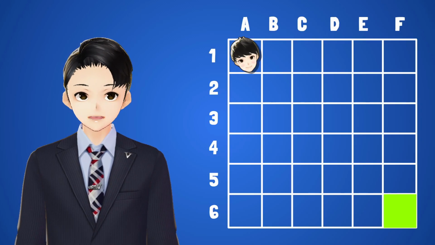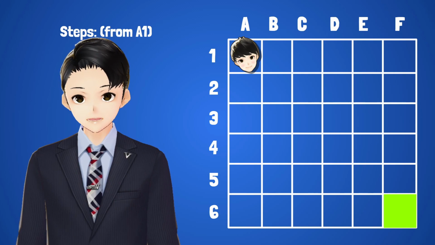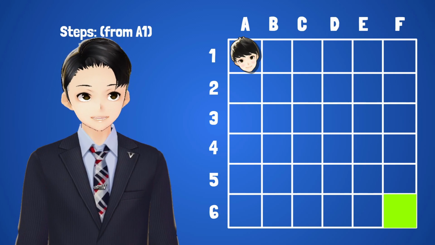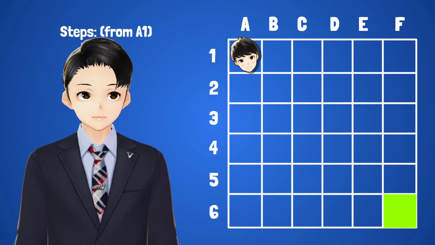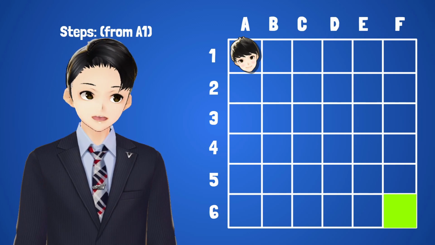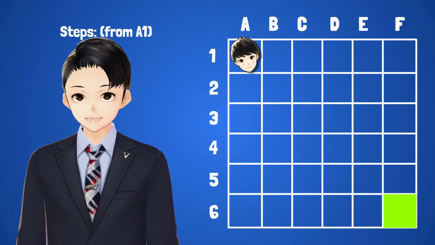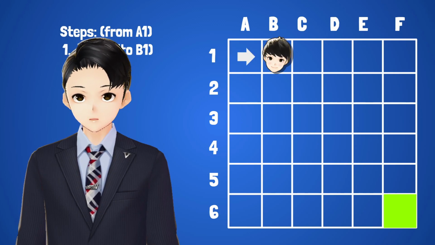So we are going to do something like this. Steps from A1. Since V is at A1, what is going to happen is that V from A1 is going to go right.